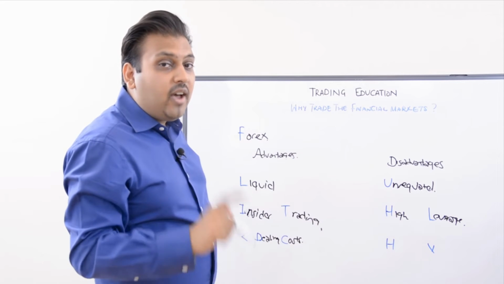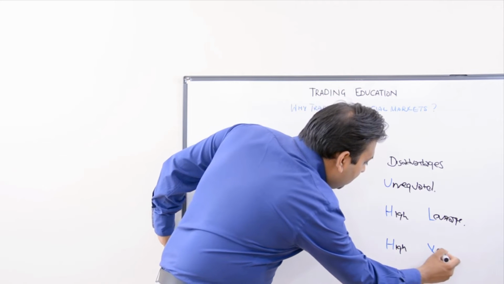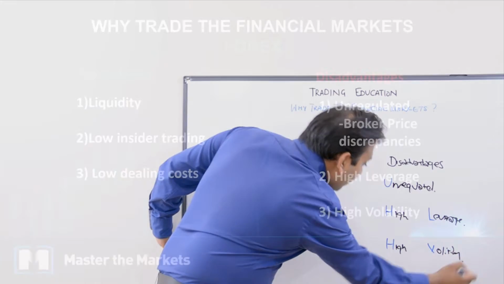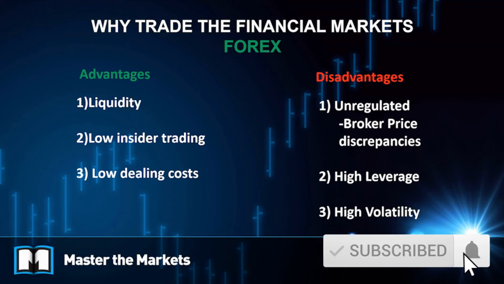And so does the final disadvantage also mean that as well, which of course is high volatility. Now, that's not necessarily a bad thing, but it can be a bad thing, of course, if you don't know what you're doing. For us here at Master the Markets, high volatility, especially in foreign exchange through the trades we take in the live trading room, is actually excellent for us.